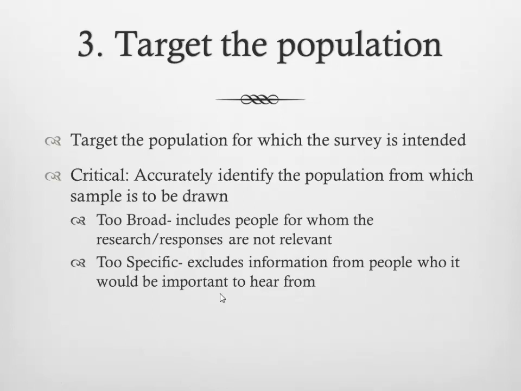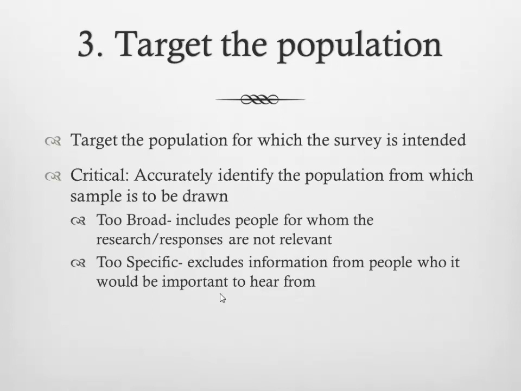Number 3, issues to consider. What's your target population? Target the population for which the survey is intended. How are you going to get the right people to answer your questions? What's critical to consider here is accurately identifying the population from which the sample is to be drawn.